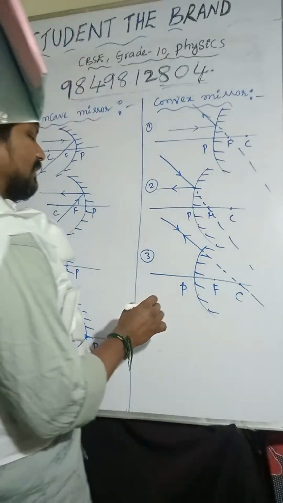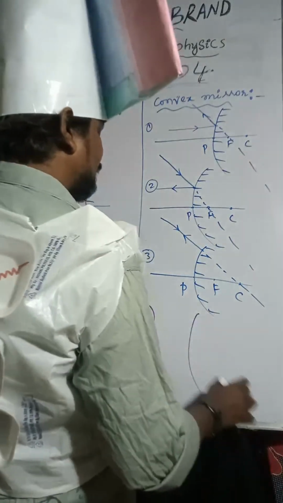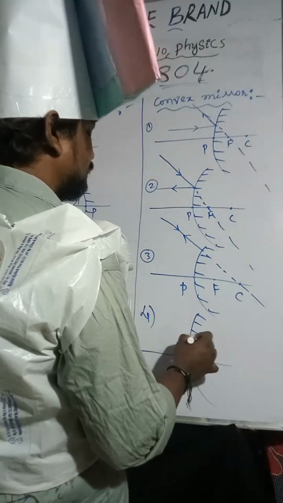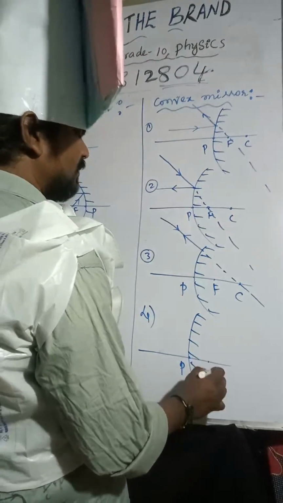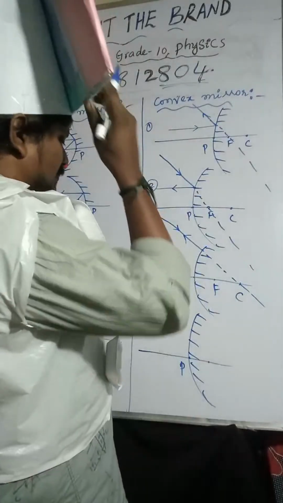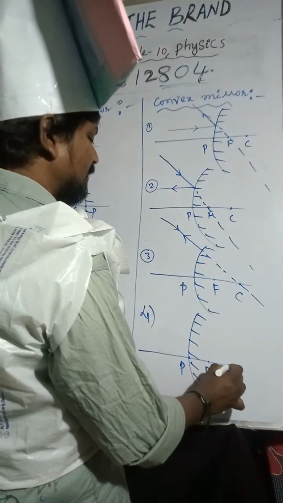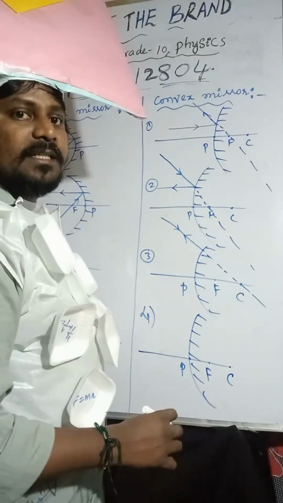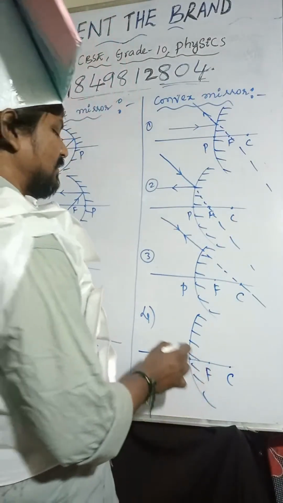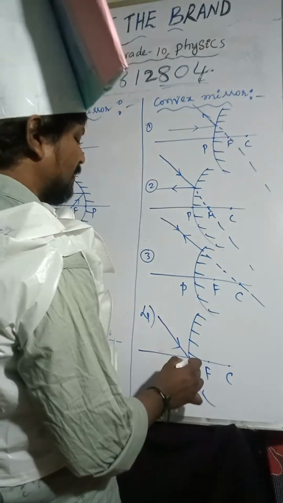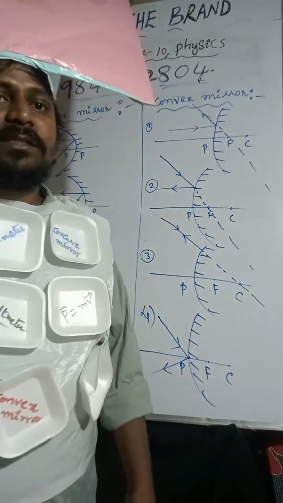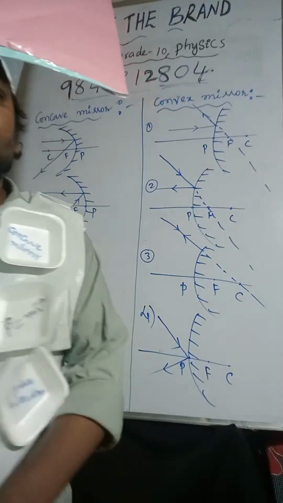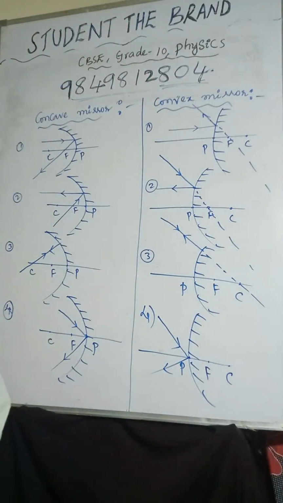And coming to the fourth one: the light ray is incident at the pole. It reflects back. So these are the ray rules. Just check once. We'll discuss image formations later, just after 5 minutes.